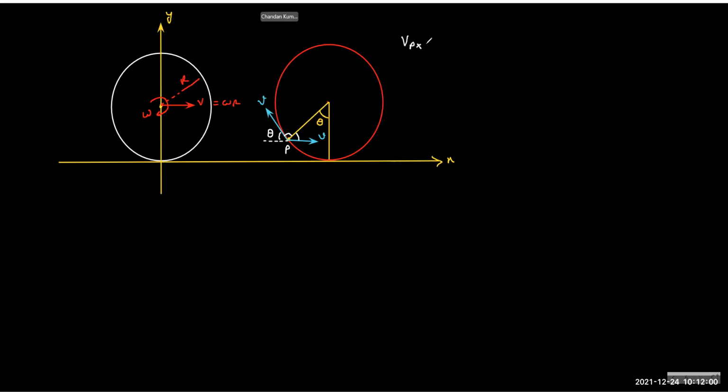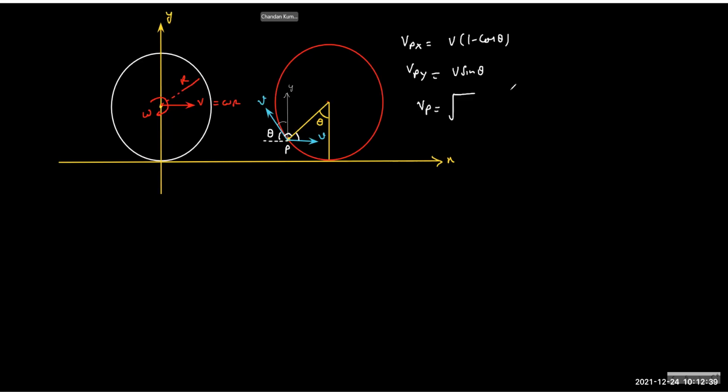So the Vp x component is V(1 minus cos theta), which is very obvious. And the Vp y component is V sin theta. Or you can see that the angle between these two vectors is 180 minus theta. So I can write Vp directly.